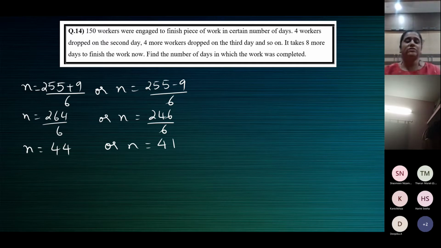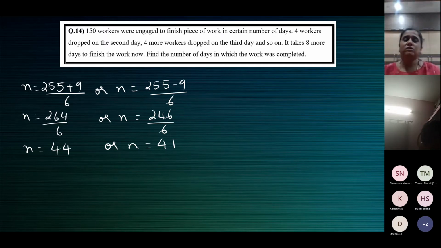Getting the same values. n is equal to 44 or n is equal to 41. Shall we take both the values, children, because we cannot reject any of them? Yes, ma'am. But will accepting both the values be meaningful?